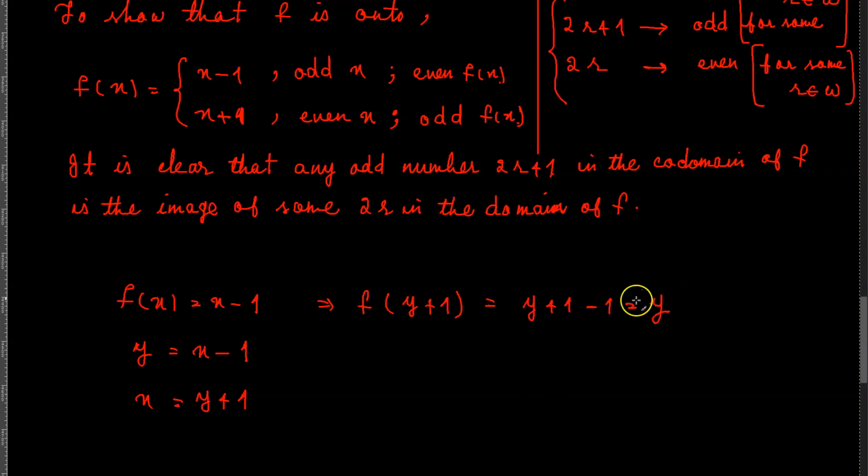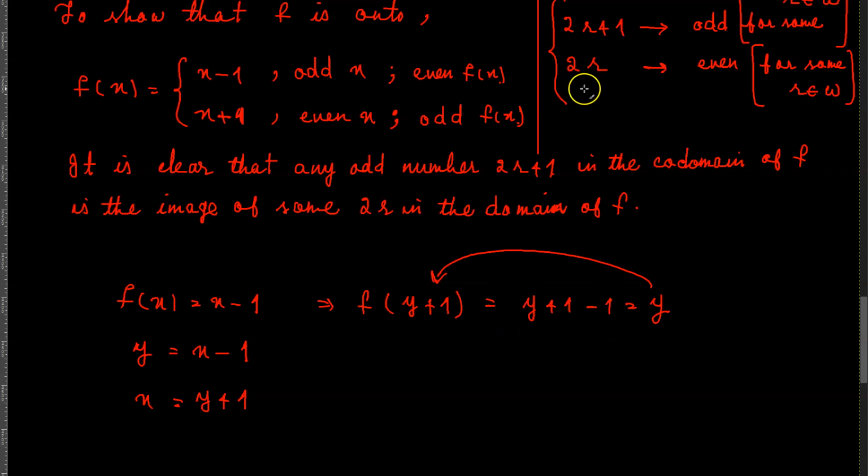That means that any even f of x that I can find in the codomain of this function, there is some y plus 1 in the domain of the function that is the pre-image of that even y, right?